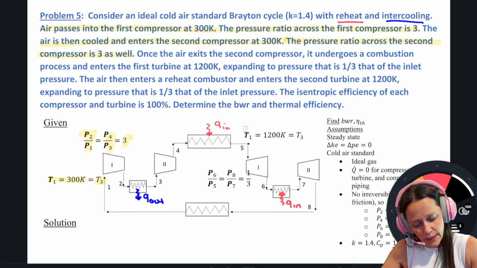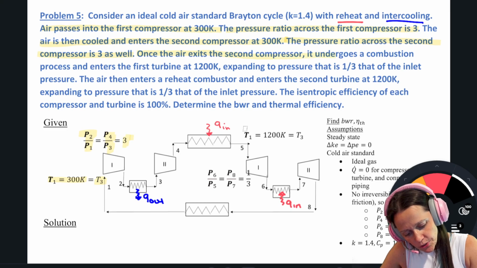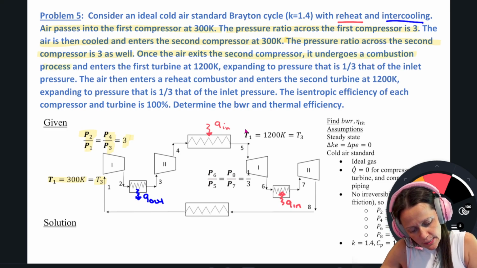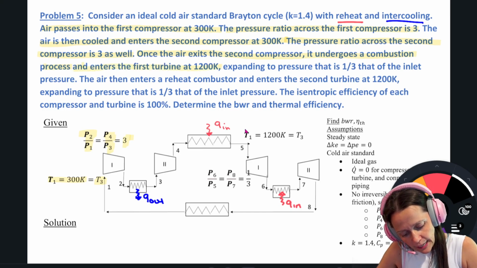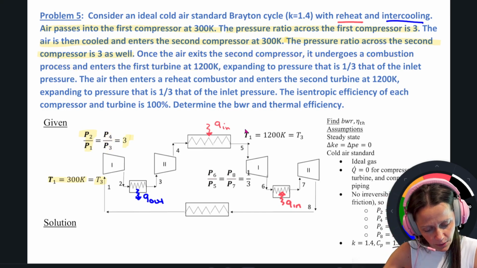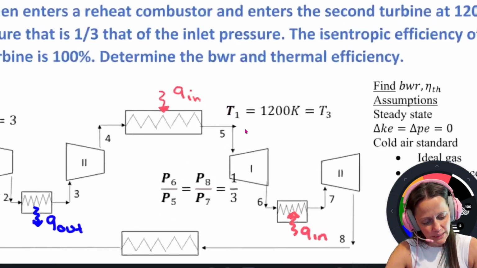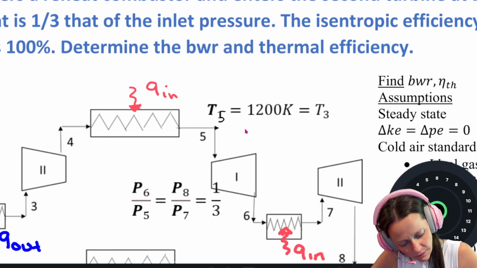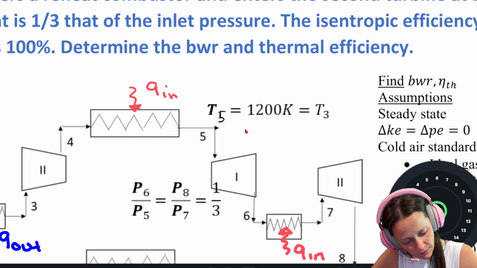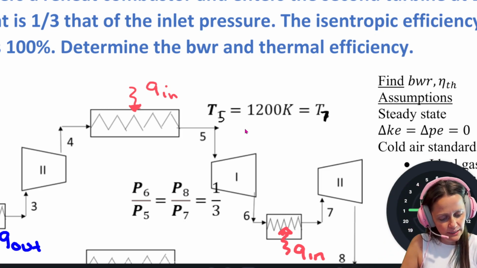Once that air exits the second compressor, it undergoes a combustion process from 4 to 5 and enters the first turbine at 1200 Kelvin. So I can see already that I've got a little bit of a typo there, because that should not be T1. This guy should really be T5. And I believe this one is going to be T7, but we'll verify in just a second.